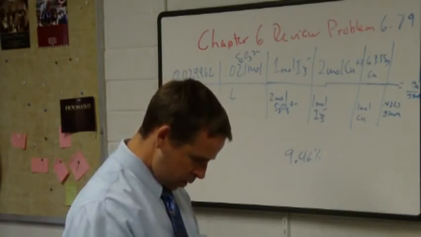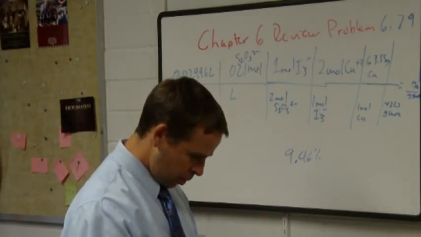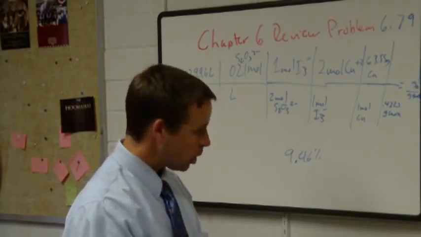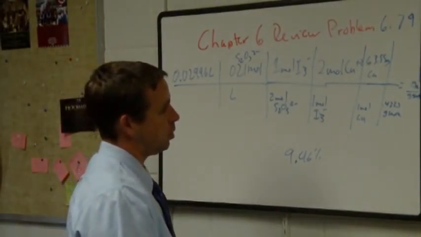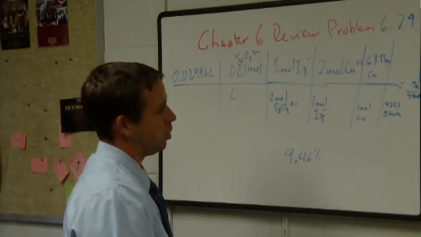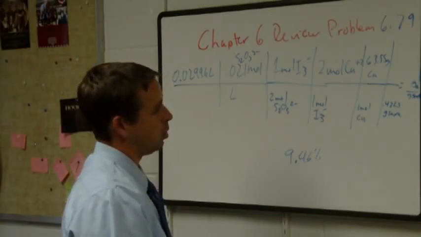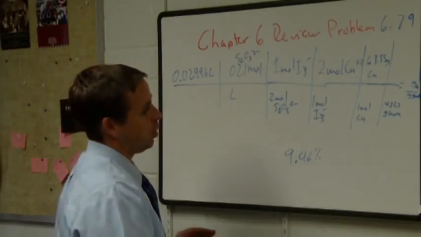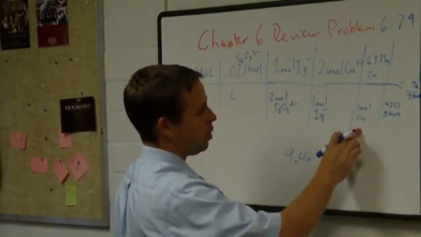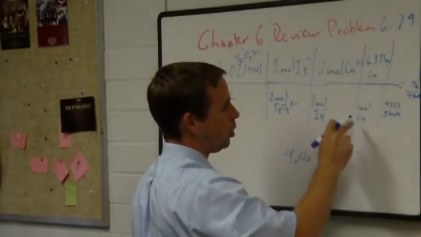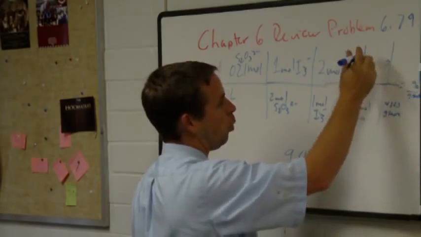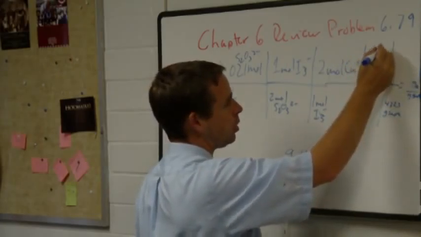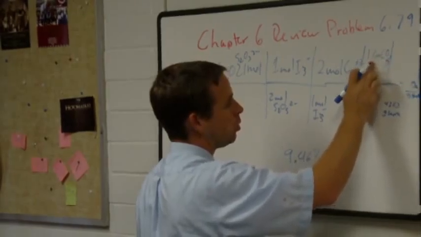What else do they want to know? If the ore contained copper carbonate, what was the percent by mass of the copper carbonate in the ore? All right, so if we just add on right here, if we say for every mole of copper, there is 1 copper carbonate, right?